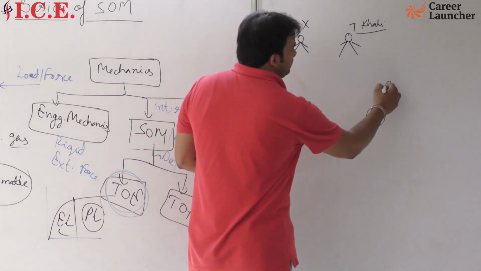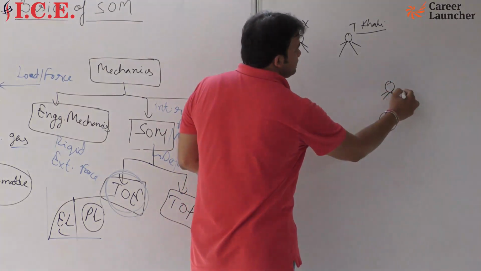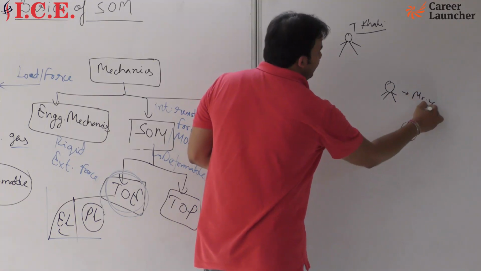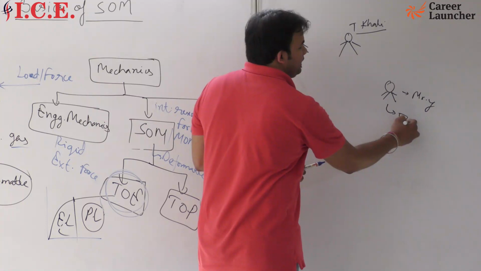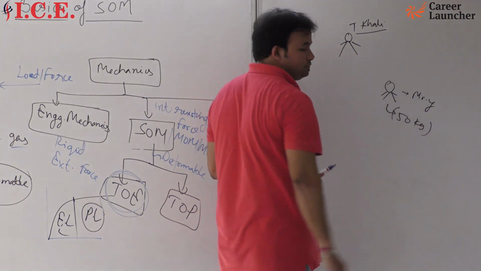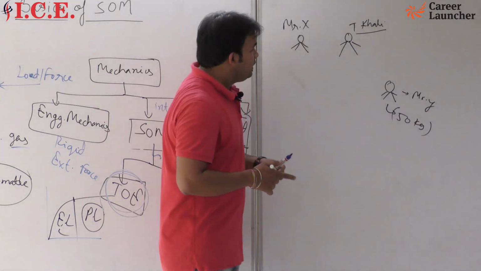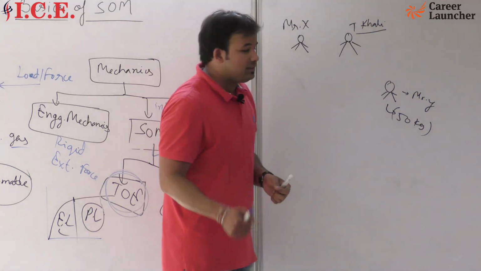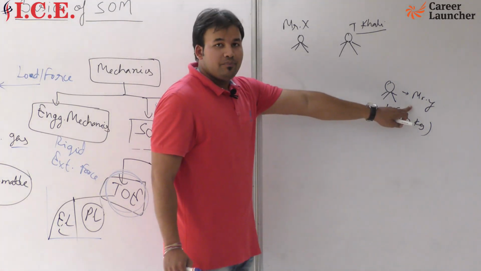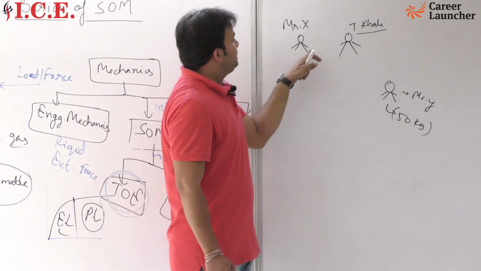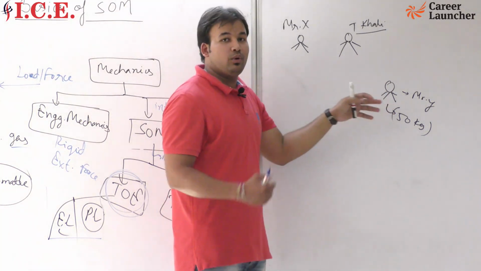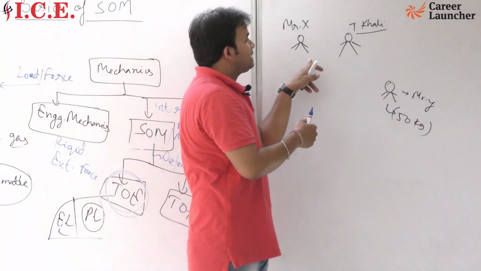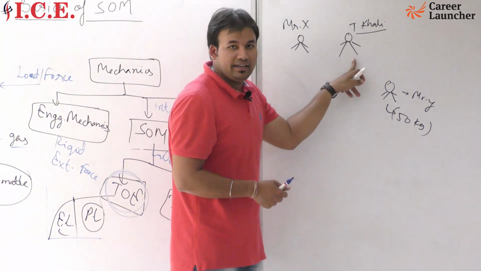And another person is your Mr. Y. And the weight of this person is suppose 50 kg. Okay, so if I say that Mr. Y will punch Mr. X and Mr. Khali, that is, Mr. Y will punch both of them, Mr. X as well as Khali.